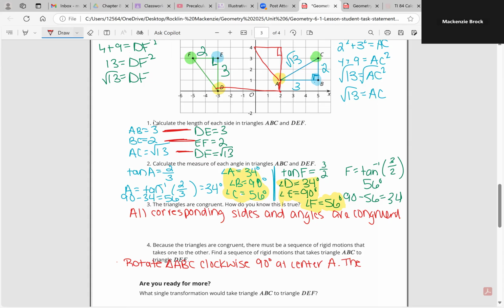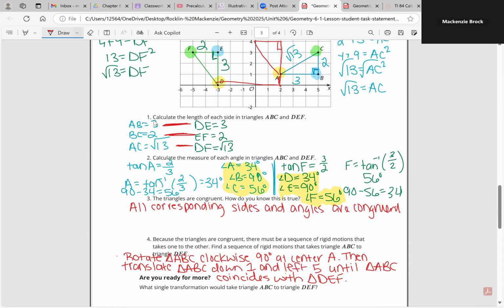So translate triangle ABC down 1 and left 1, 2, 3, 4, 5 until triangle ABC coincides with triangle DEF. There you go.